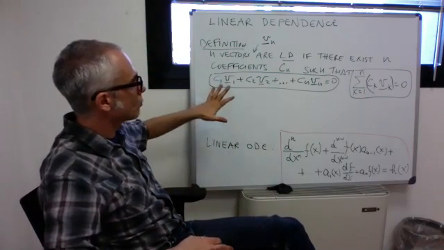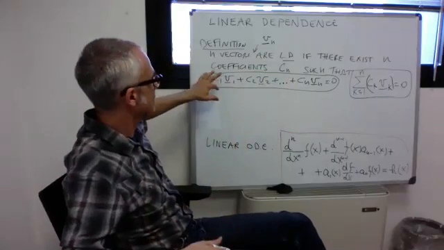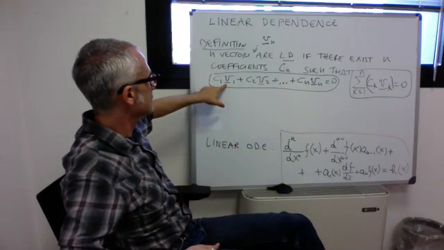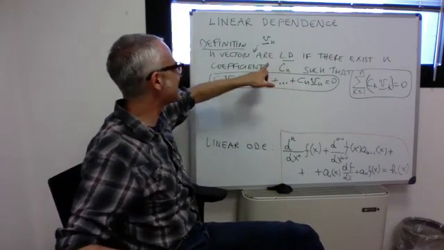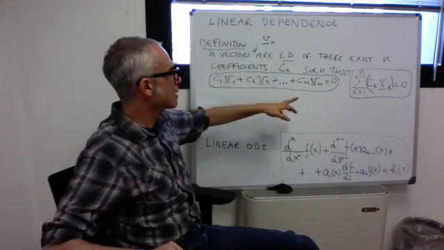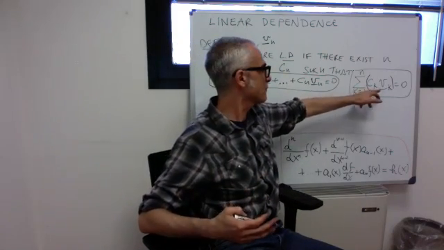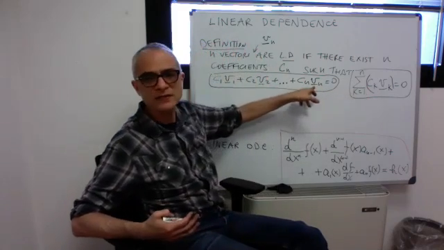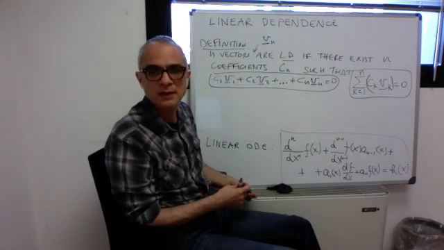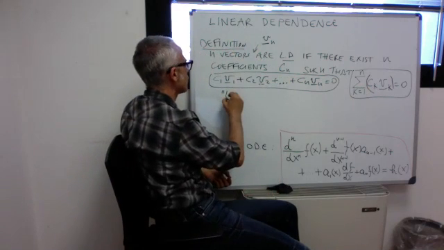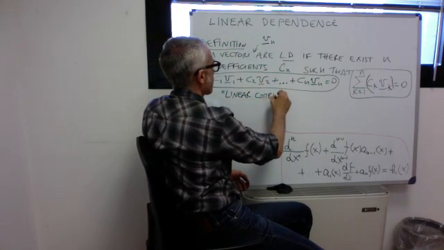So now, the point here, and I'm sorry if I say too many things, is that what this equation is saying is that n vectors are linearly dependent when you can find a combination, a sum, weighted by some coefficients, such that one of these vectors can be written as a combination of the others. Can be written as what we call a linear combination of the others.